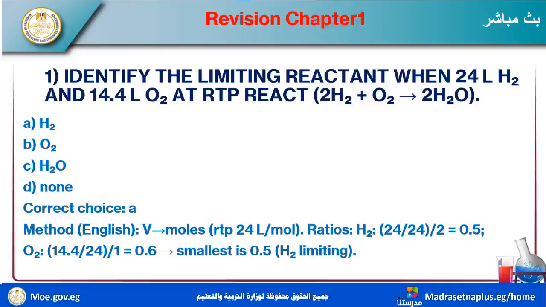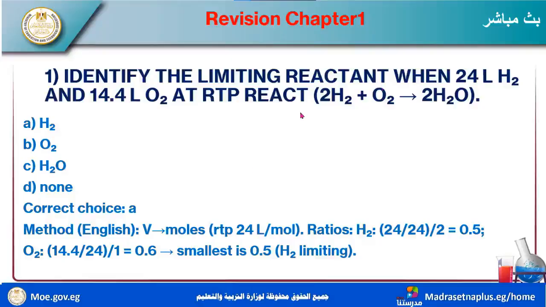Now we have hydrogen, or oxygen, or H2O, or non-limiting reactants. Now the correct answer is what? This depends on the number of moles of reactants and the ratio between them. Now we have hydrogen equal to half a mole.